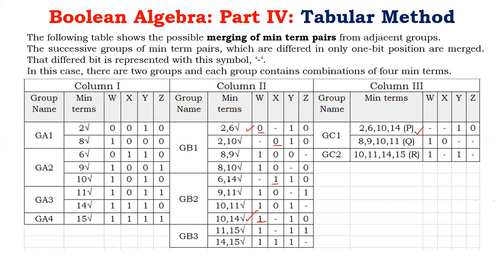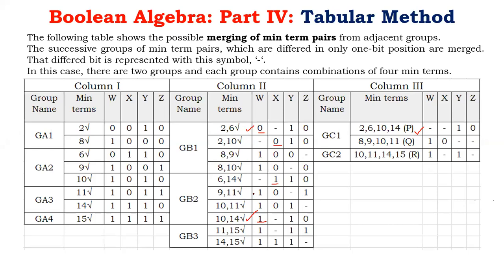So 2 10 6 14, already 2 6 10 14 are used, so we should not consider this because this is redundant. All the min terms are already used, 2 6 10 14.